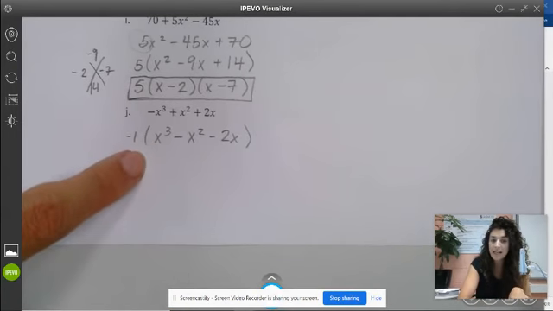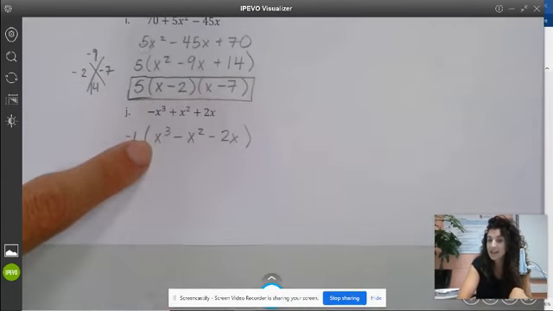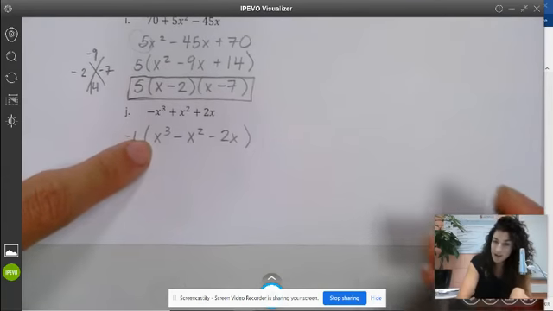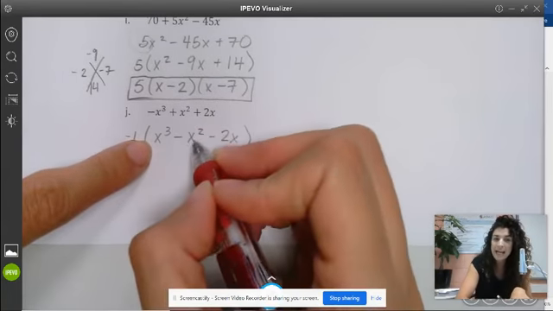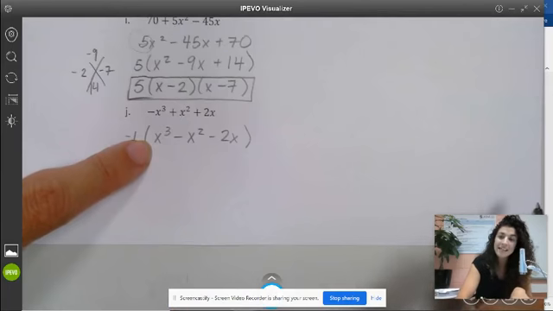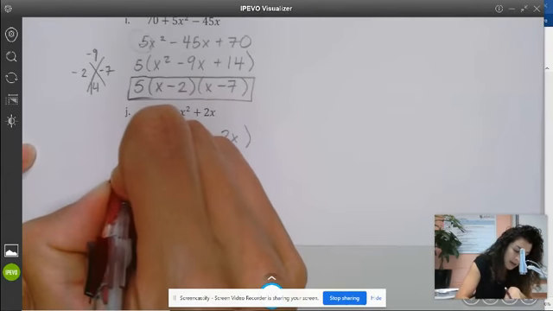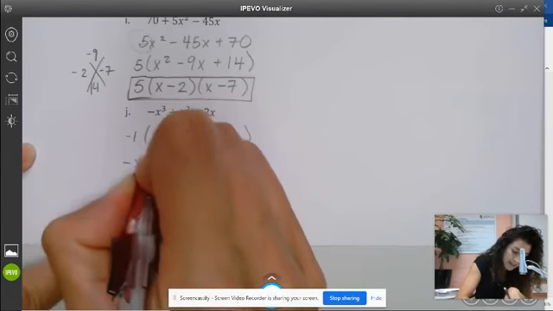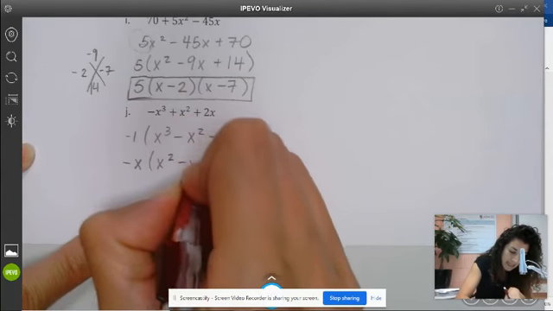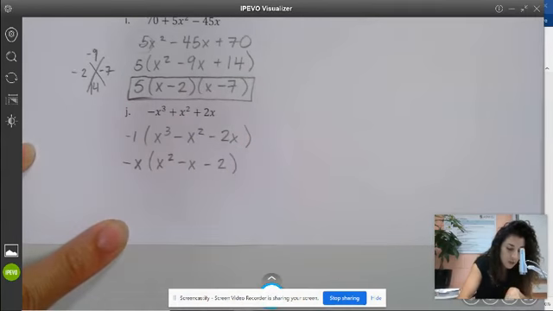So now you see we've got a 1 as a coefficient in here, which is great. It is not the only greatest common factor though. We've also got an x in every single one of these terms, so we can take that out as well. I'm now going to make that negative x. It's going to become x squared minus x minus 2.